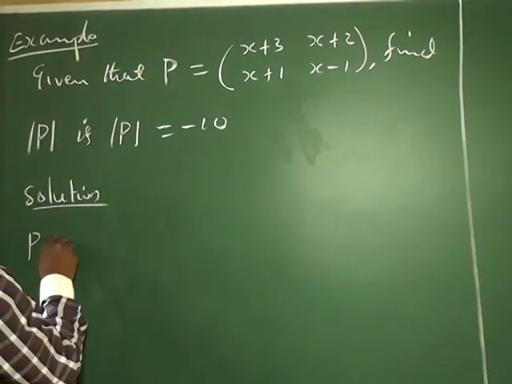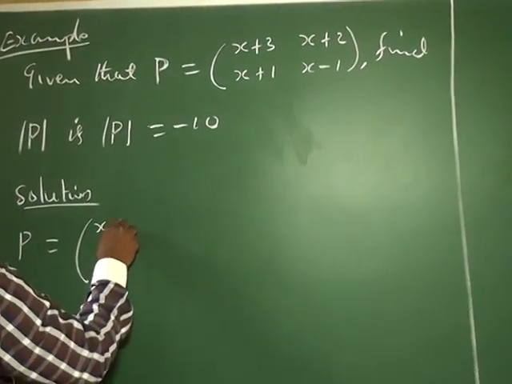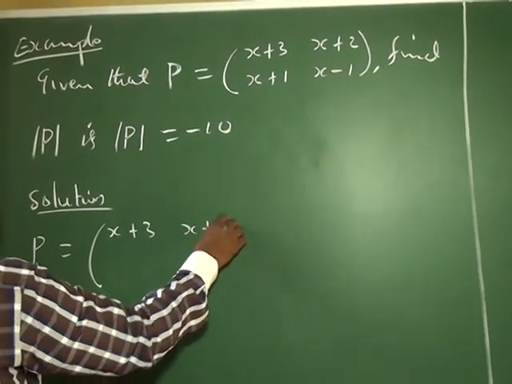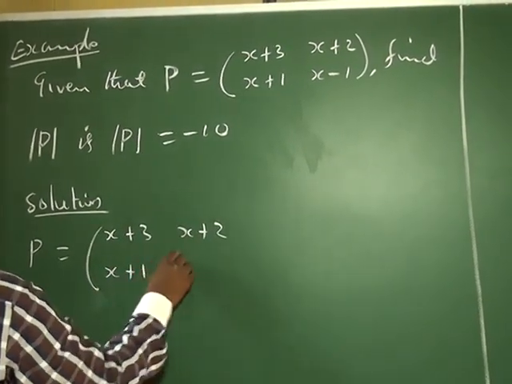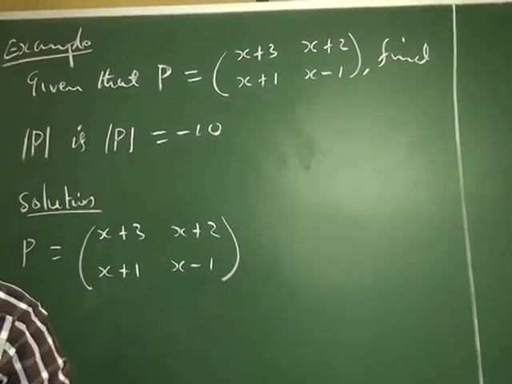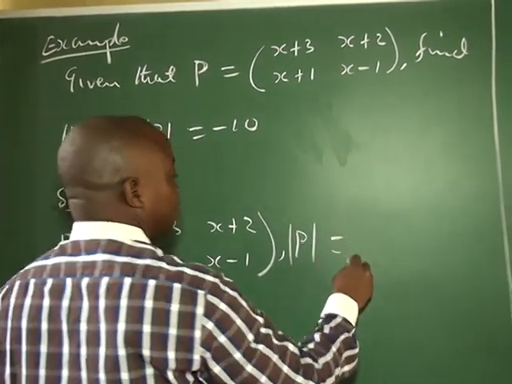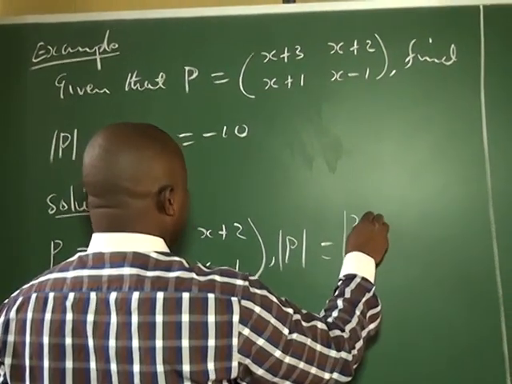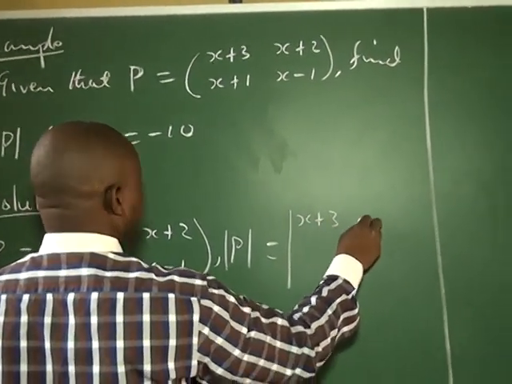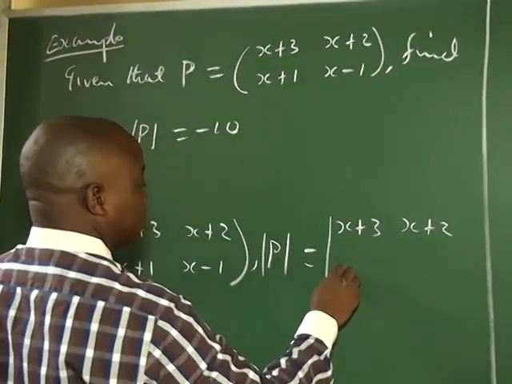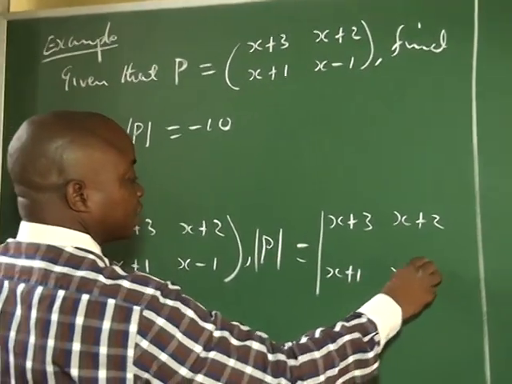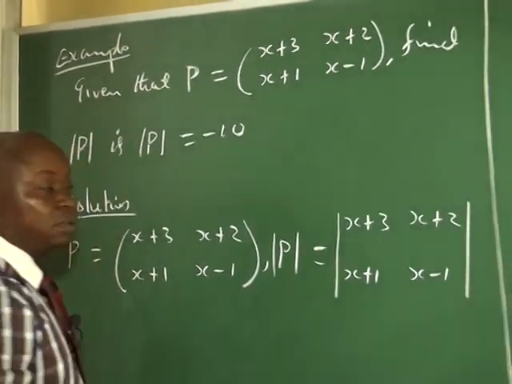We have that matrix P equals x plus 3, x plus 2, x plus 1, and x minus 1. So the determinant of P equals x plus 3, x plus 2, x plus 1, x minus 1.